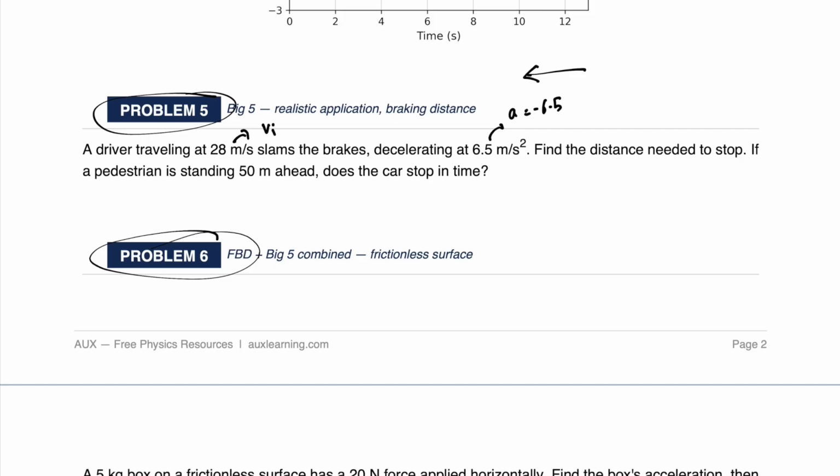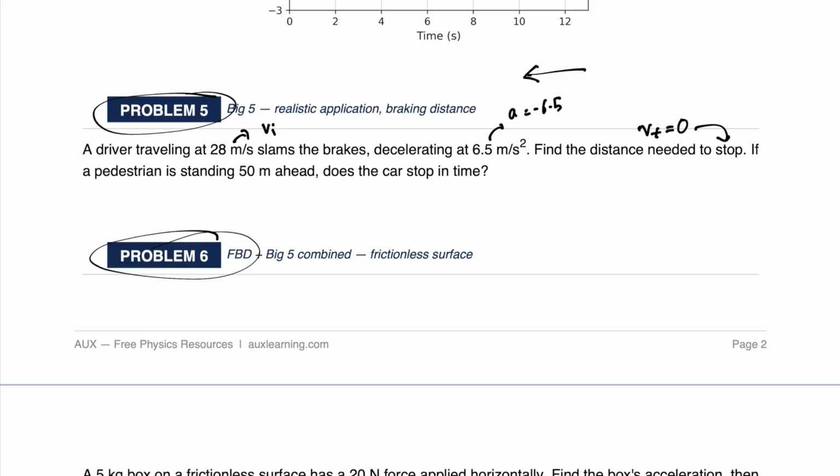Okay, so let's find the distance that makes the velocity 0, because when it stops, velocity f needs to be equal to 0, right? So 0 is equal to 28 meters per second. Or instead of that, we could use the other kinematic equation, because this one will give us time and then we have to plug that in to get more, so it's a bit messy.